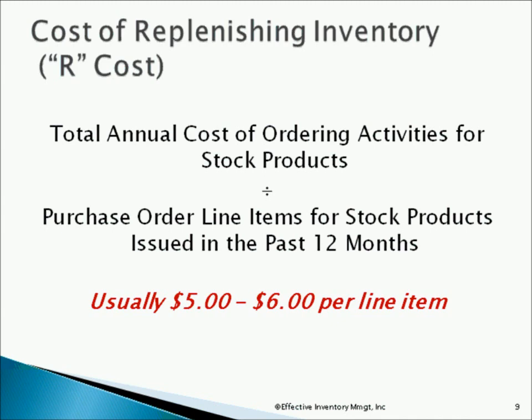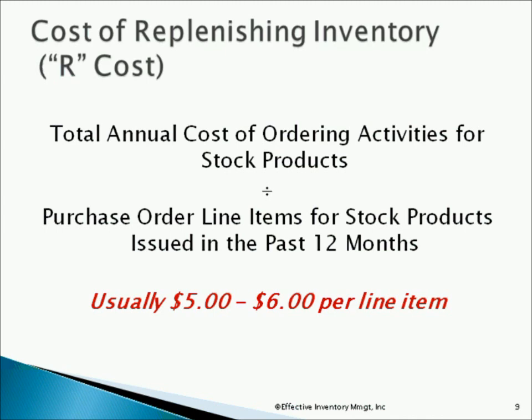For a lot of you, your cost of replenishing inventory will be somewhere between $5 and $6 per line item on a purchase order. Okay. If you have a five line purchase order, you're buying 5 items, your cost is going to be somewhere between $25 and $30.